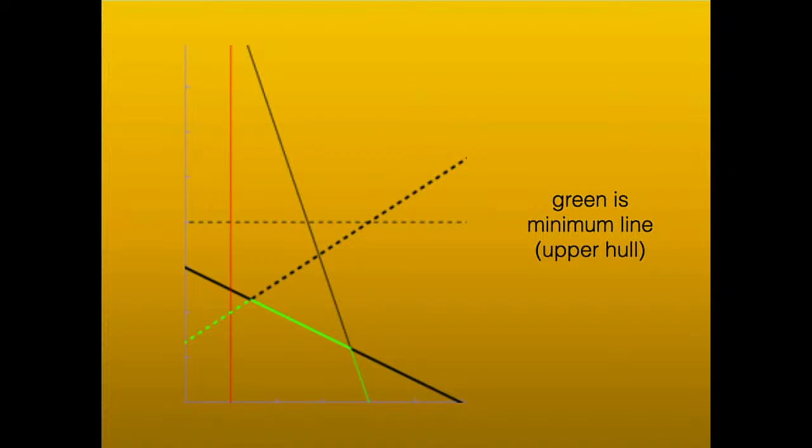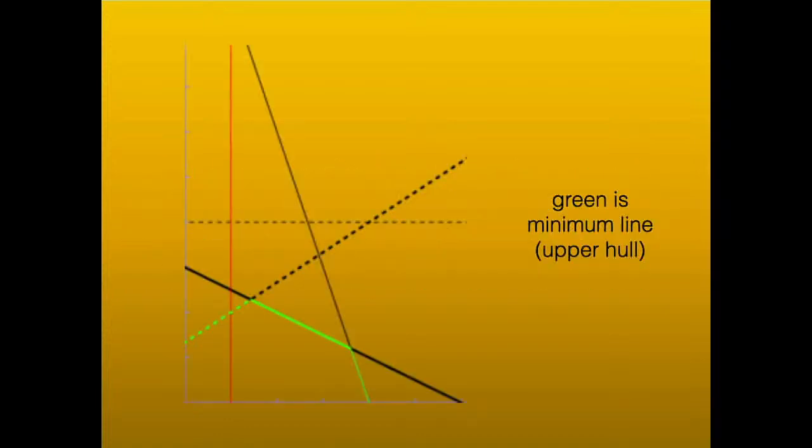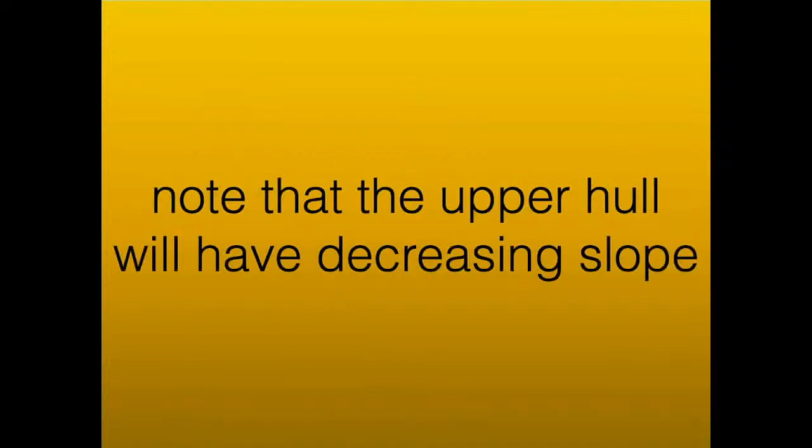So you know it's this line, and you get which line is the most optimal. But now the other part is how to find the interval endpoints, how to actually get this green line. Note that the minimum line has a decreasing slope, so it forms like the upper hull of a convex hull, right?